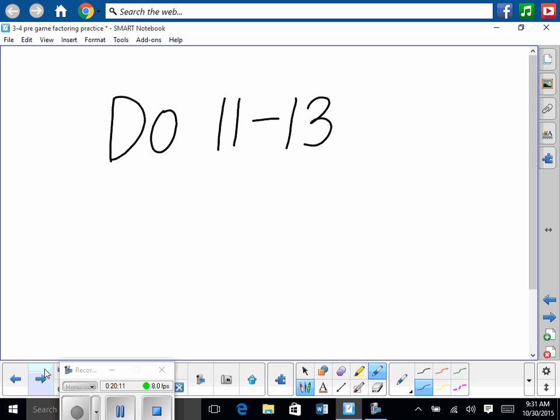Multiplies to be 4 and adds up to be 0. Okay. Check, but make sure you're careful because some of them might not factor further, even though they're quadratic.